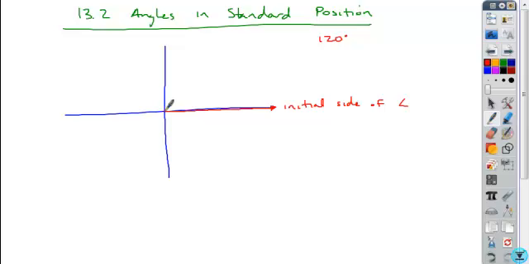So the angle of 120 degrees is going to extend in this direction past 90 degrees an additional 30 degrees, and that gives you a total of 120 degrees. So this is called the terminal side. The terminal side is just the ending side in an angle. So you have an initial side and a terminal side.